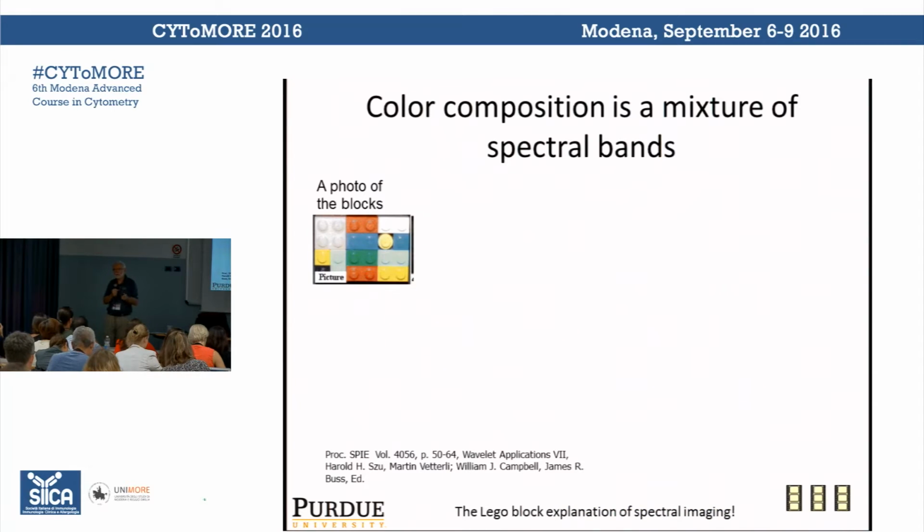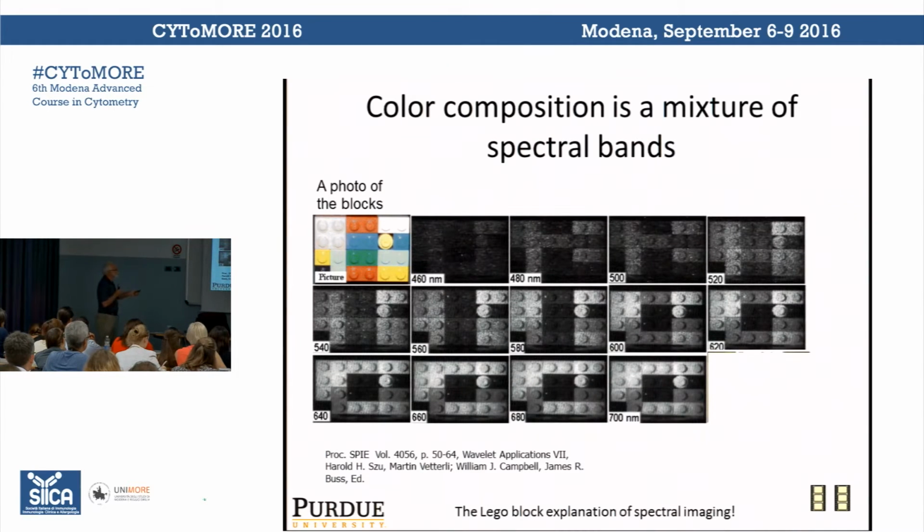So let's take a look at it from perhaps the way a small child would look at it. Here's a photograph of some Lego blocks. That photograph is taken with a colour camera, so it looks like it's in colour. This photograph is taken from a spectrometer.